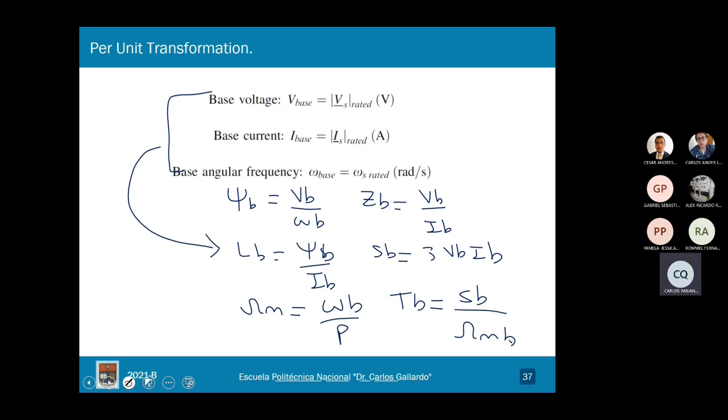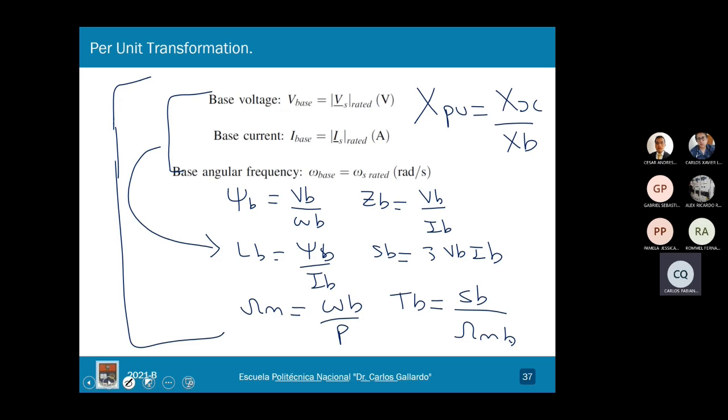So this is the per unit system. Once I define the per unit system, I am able to compute the per unit values. I will start from the actual value. Do you remember, by definition, for any quantity the per unit value is equal to the actual value over the base.